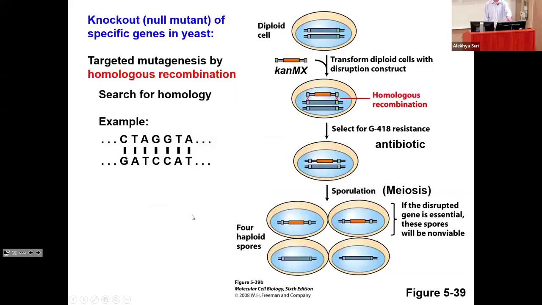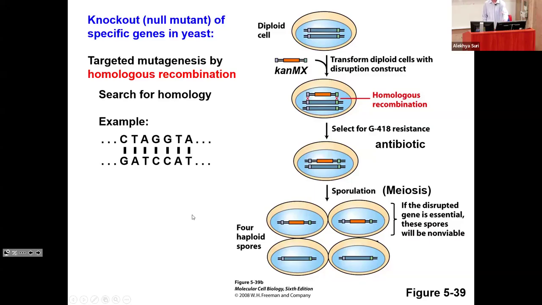When you do this knockout, you do it in diploid cells. You don't want to do it in haploid cells, because if you do a knockout and get no cells, you don't know whether it's because the gene was essential, so it will not give you the information. In diploid cells, one copy is knocked out.